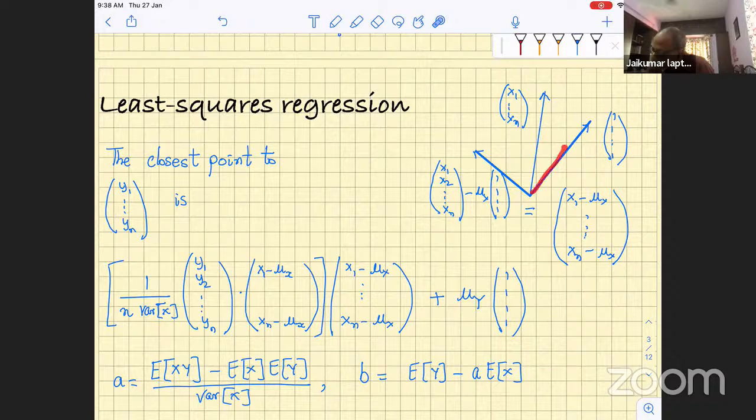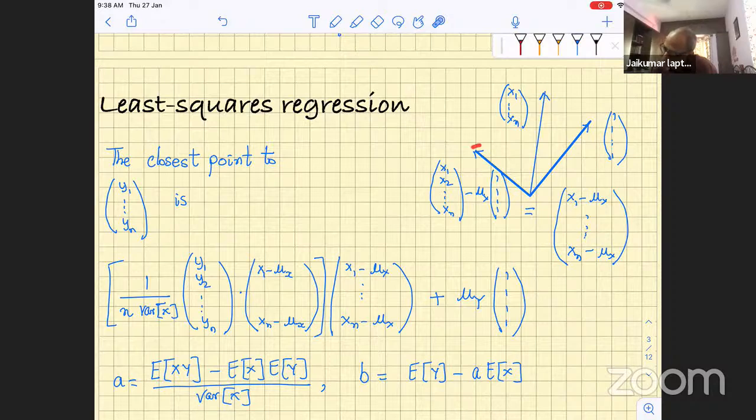You can take this vector and the other one, and you construct a vector, look at its component which is orthogonal to this vector. So you take its component here and subtract that component out. That's what I've done. I've subtracted the component out, and then you get this vector.